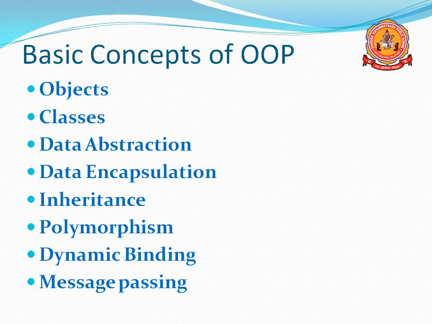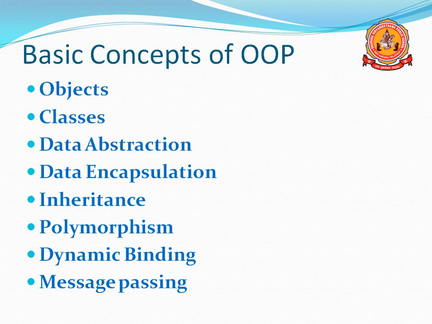These are the basic concepts of OOP. Object is an instance of a class. Then what is a class? Class is a user defined data type which contains data members and member functions.